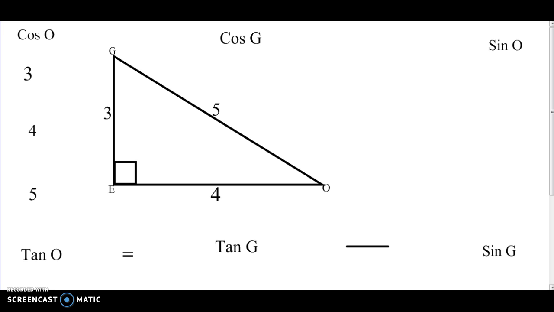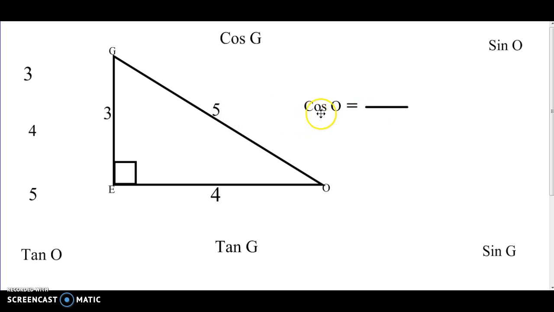Okay, so let me show you how to do this. So we'll start with the cosine of O. So the cosine of O, so that's our angle at this point. We don't have a measure for it, so we're just going to identify it. The cosine of O is equal to, so think of SOHCAHTOA for a second. CAH.